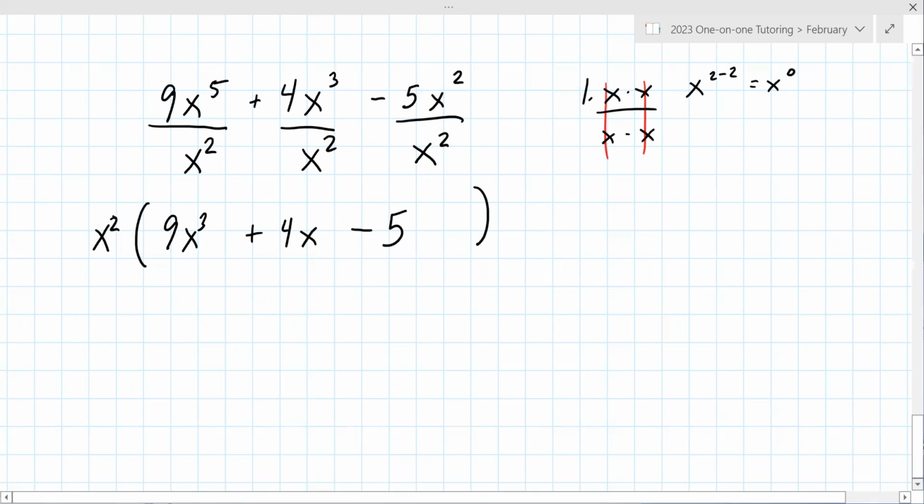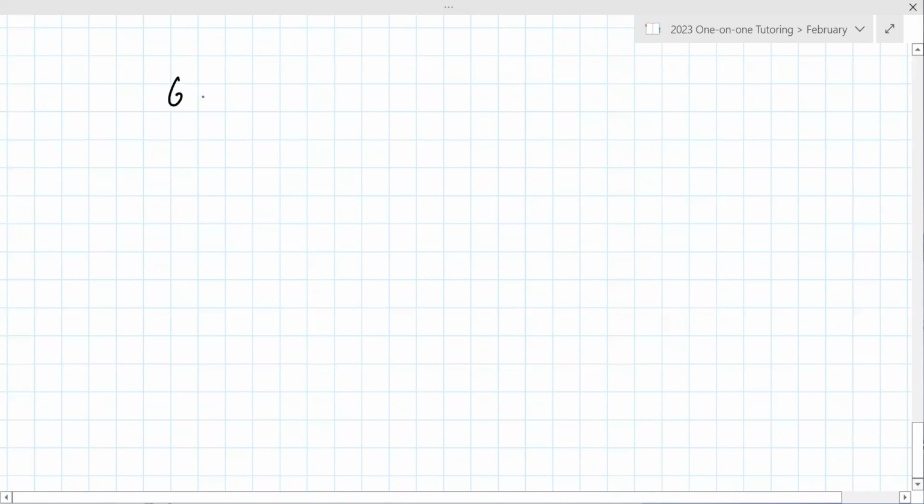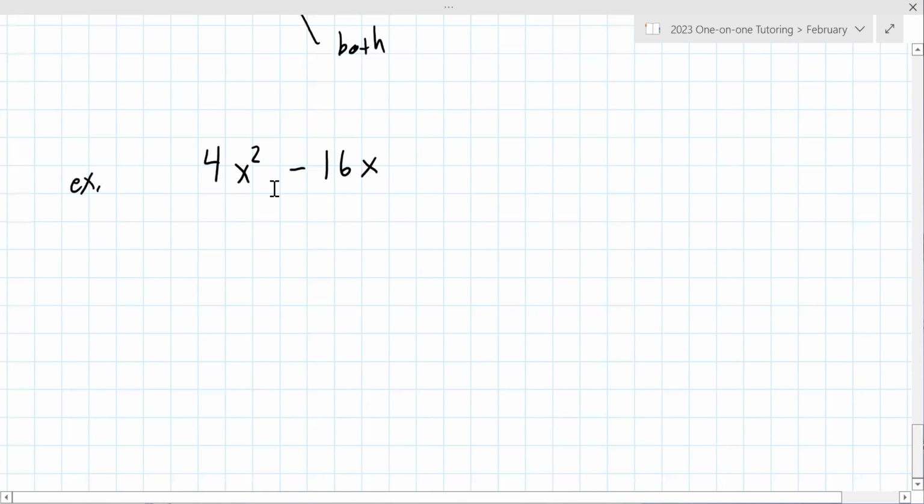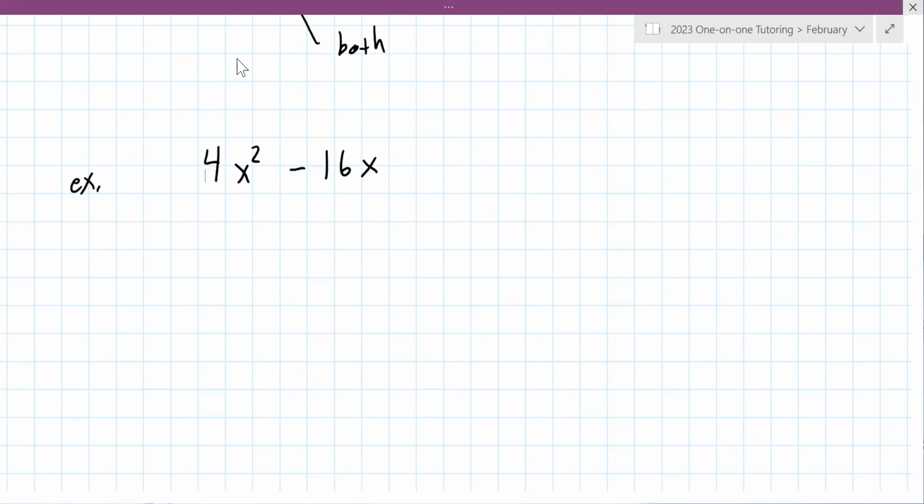So now comes the synthesis. GCFs can be either a number, a variable, or both. So we're going to look at some examples of both. So let's say it's 4x squared minus 16x. Now just focus in on the numbers, just the numbers.